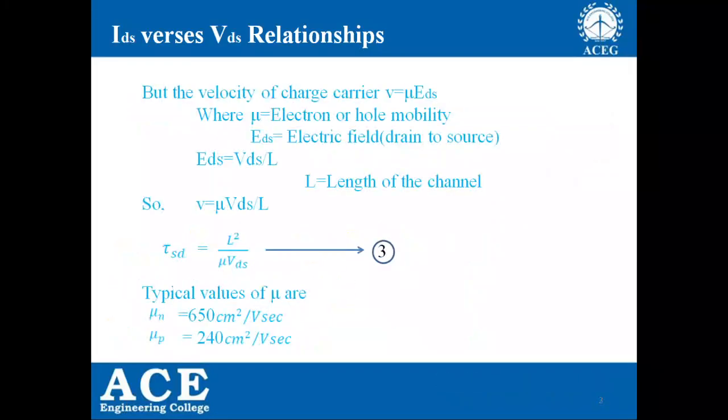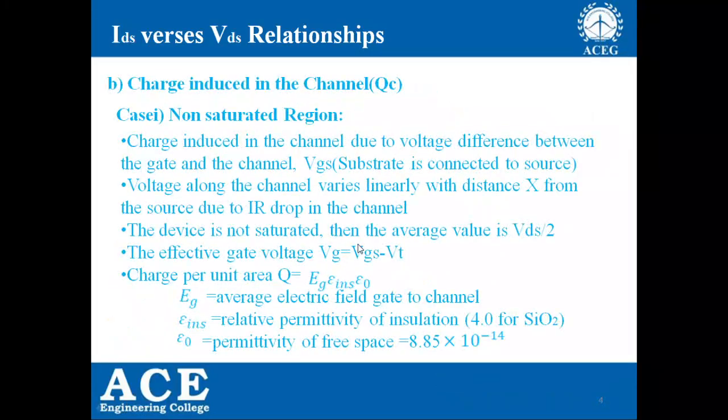This is the net or effective gate voltage VG, which is equal to VGS minus VT. The total voltage we apply at the gate is VGS, and the voltage expended to create the channel is VT. So the effective voltage at the gate is VGS minus VT, right?